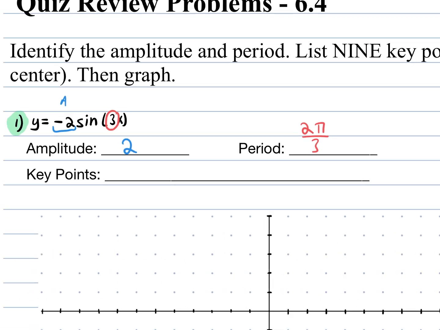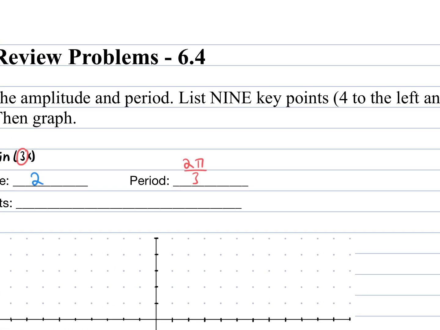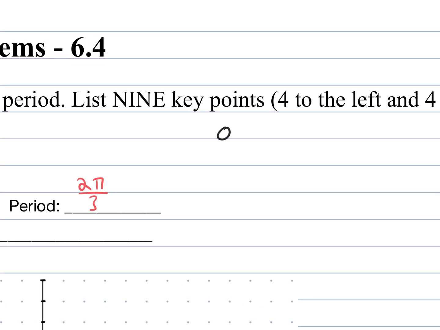All right, and then we want to find key points. What do we do to find those? Okay, so you're going to use these numbers, 0, 1/4, 1/2, 3/4, and 1, and you're going to multiply what to those? Yeah, good, the period.